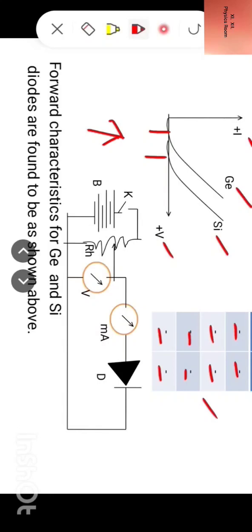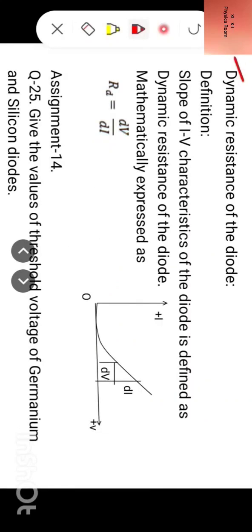Okay. Now we come to dynamic resistance of the diode. Now what is dynamic resistance of the diode? Let us define. Slope of IV characteristics of the diode is defined as dynamic resistance of the diode.